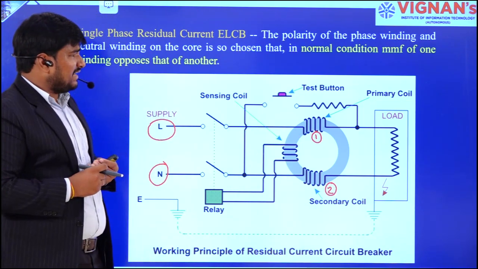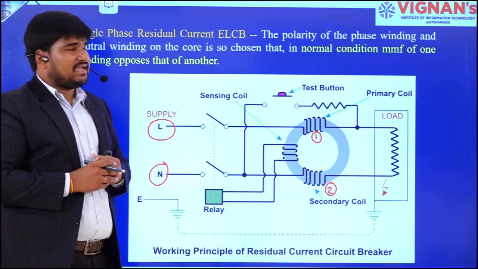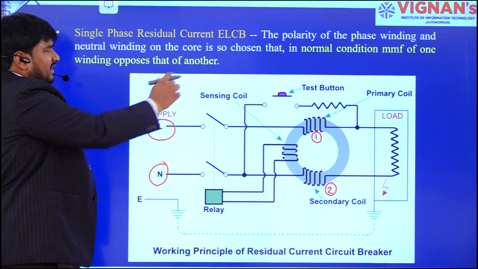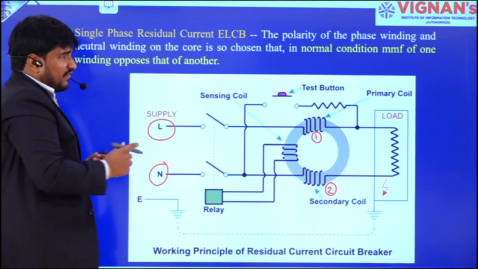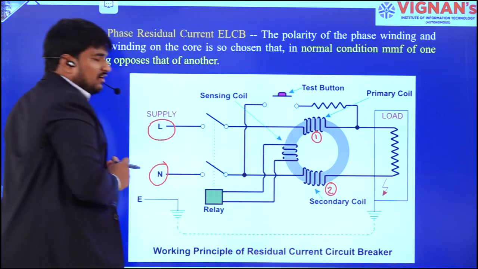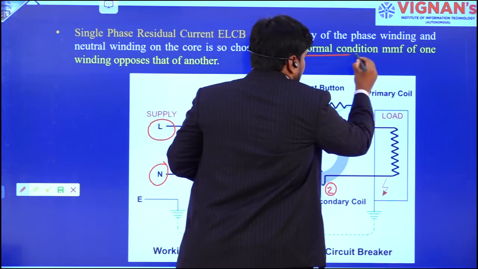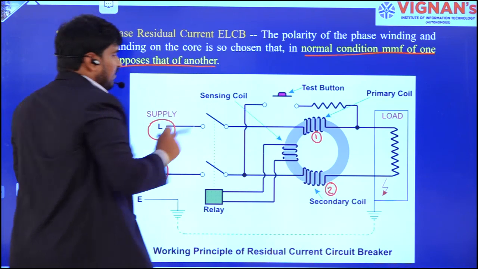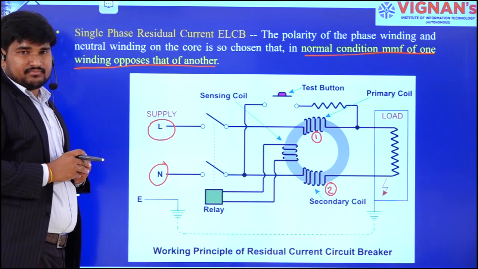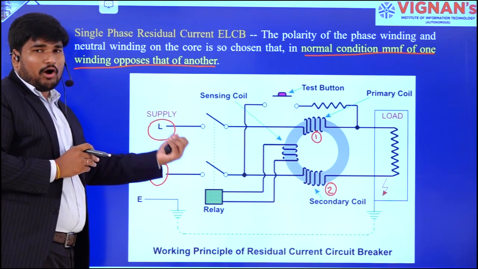Here the basic principle is that the polarity of phase winding and neutral winding on the core is chosen such that in normal condition the MMF of one winding is opposite to that of the other winding.